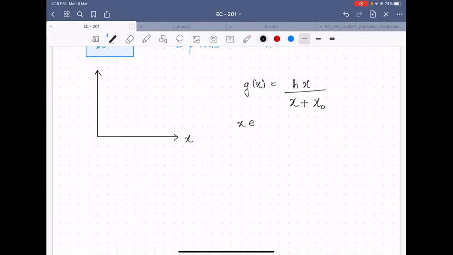So x is an element of a set which goes from minus infinity to minus x naught, open bracket, union, x naught to infinity. Open bracket means that I'm not including this point. Just remember that.